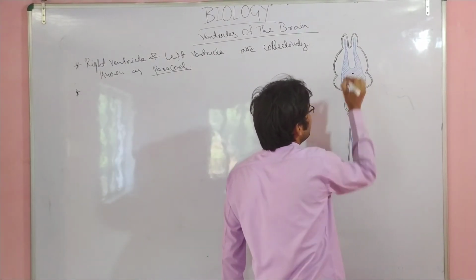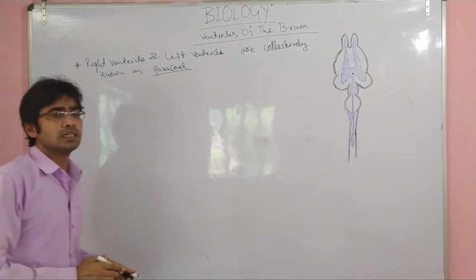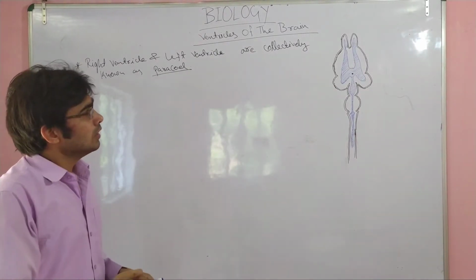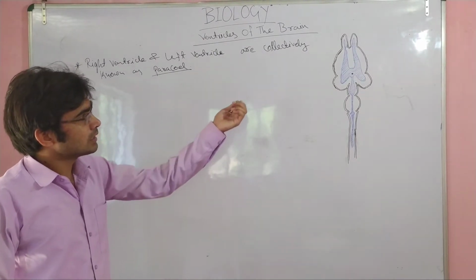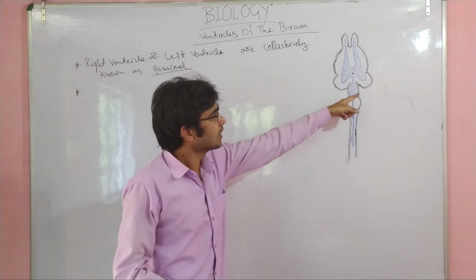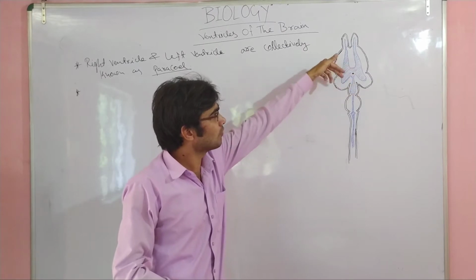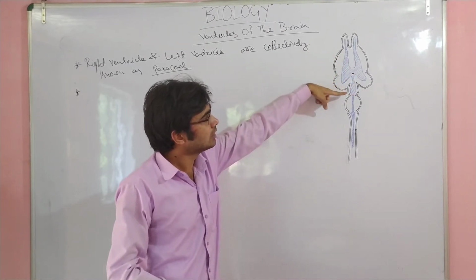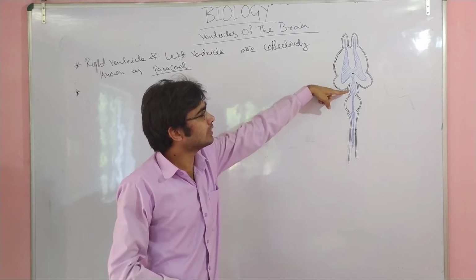This opening is known as foramen Monro. This foramen Monro is connected with the third ventricle, so that the fluid of both ventricles can pass into the third ventricle.